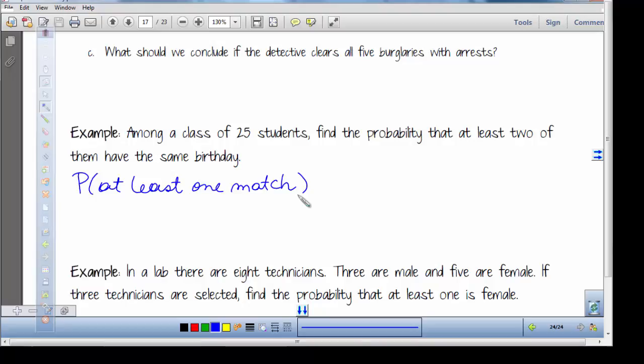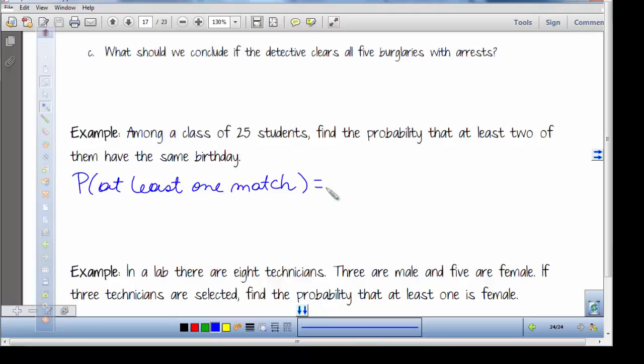Okay, so that's what we're looking at. And the way that I'm going to calculate this probability, because it would be very difficult to calculate it head on, we'd have to look at all the possibilities of exactly one match, and then possibilities of exactly two matches, and possibility of exactly three matches, and then even possibilities where we had, let's say, multiple matches.